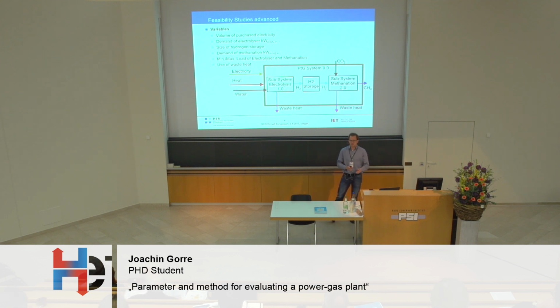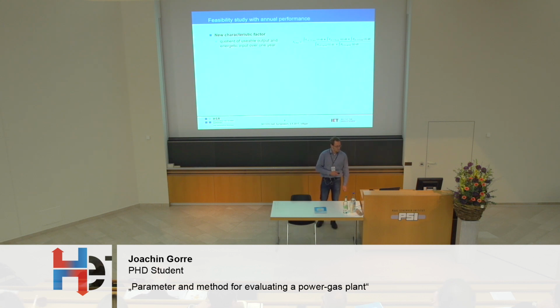The hydrogen storage is smaller or bigger. Also, you can use the min-max load of the electrolyzer to have a variable operation of both subsystems. One opportunity, of course, is to use also the waste heat, but I will tell you something about that later.